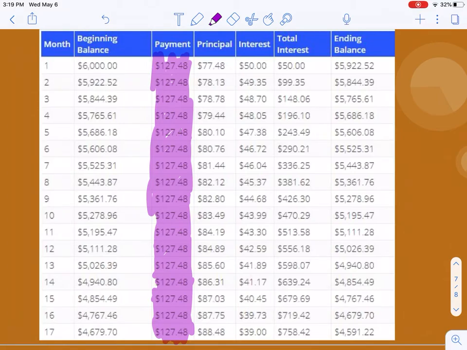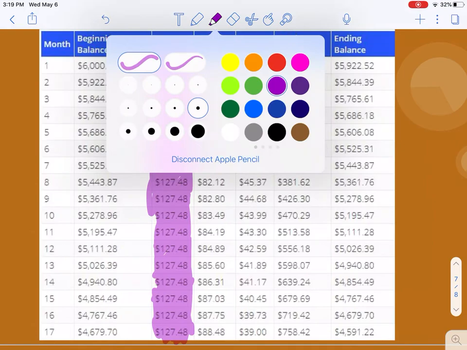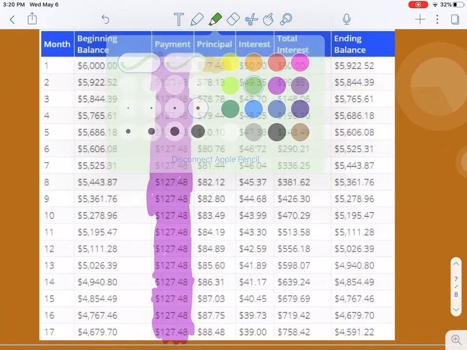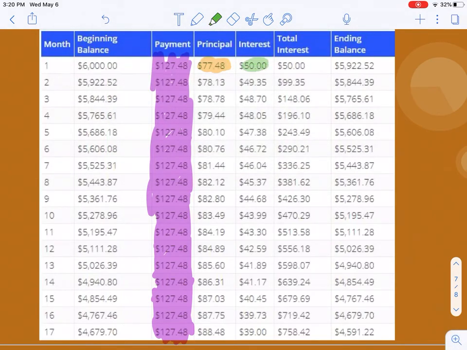What this chart helps us understand is that the principal, because of that payment, there's an amount that goes toward the principal, which I highlighted in orange, and in green here, there's an amount that goes toward the interest. So out of the $127.48, $77.48 of that money is going toward the principal. $50 of that is going toward the interest.